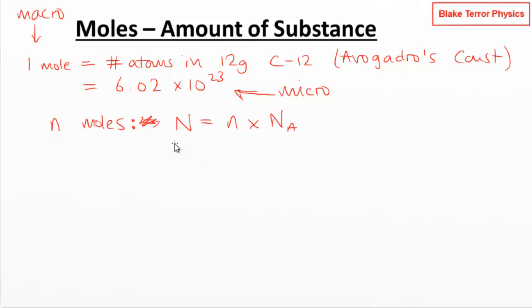If we want to work out the number of particles that we've got, whether it's atoms or molecules or whatever, we take the number of moles and multiply by Avogadro's constant. And if we want to work out the number of moles, we take the number of particles and we divide it by Avogadro's constant. So we've got an easy way of flicking backwards and forwards between the macroscopic and the microscopic.